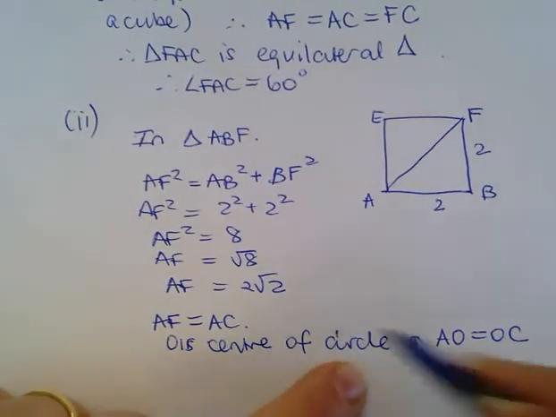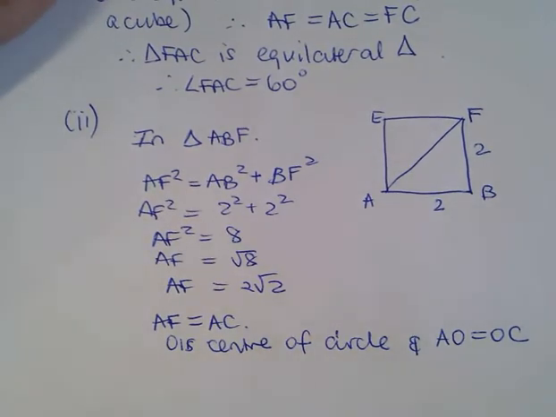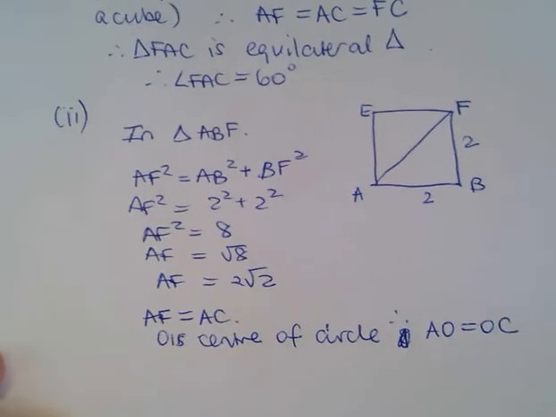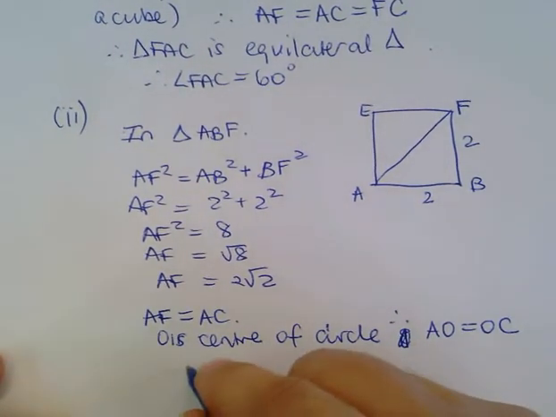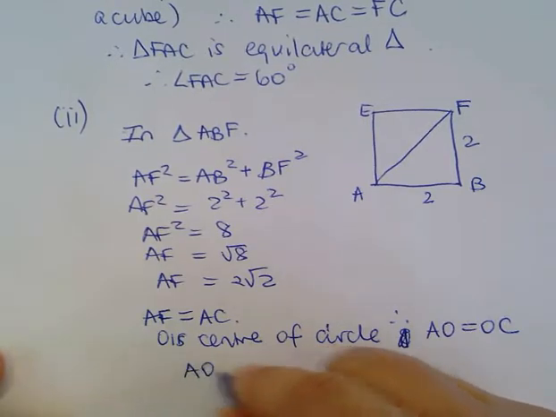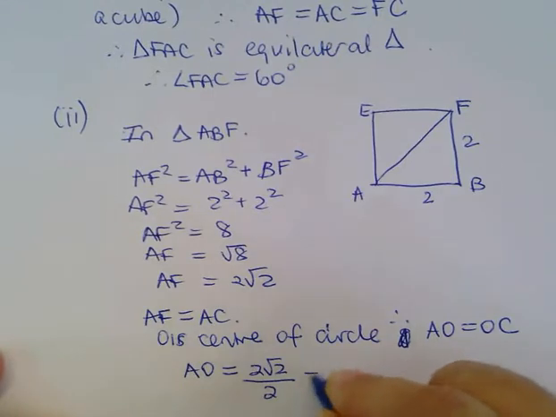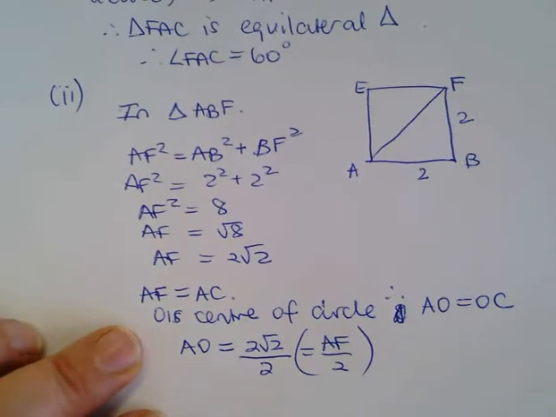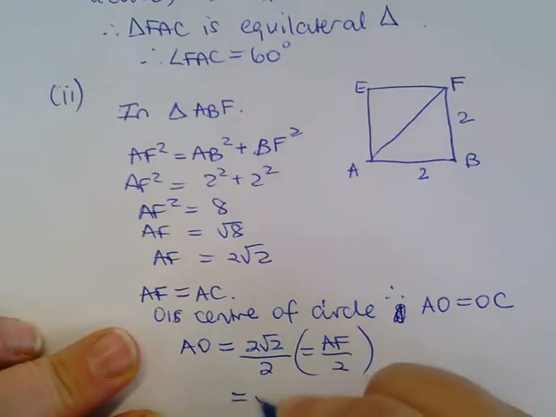O is the center of that circle, and because the circle touches all 4 sides of that square, AO equals OC, and so AO would be 2 root 2 divided by 2, because it's AF over 2. It's half of AF. We okay? So therefore it would be root 2.